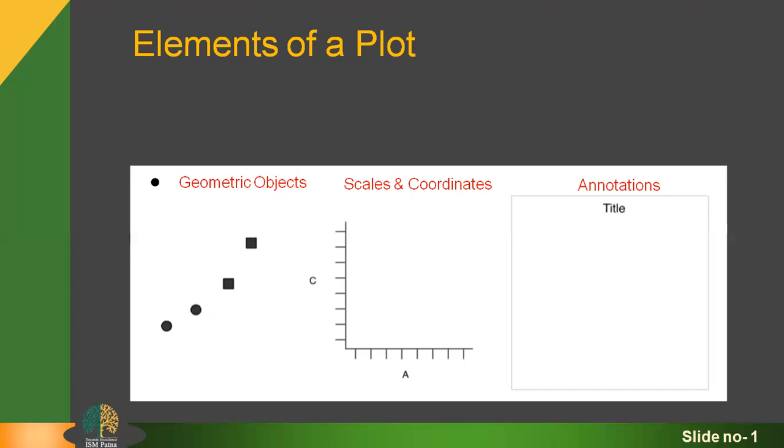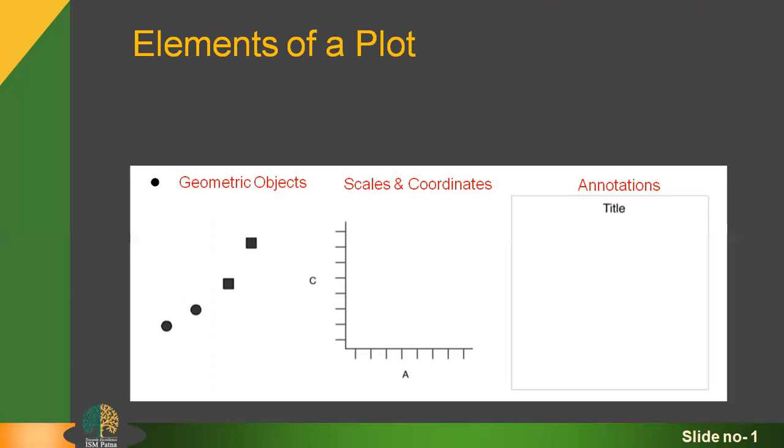So these geometrical objects are used for plotting the data on the X and Y axes of a graph, which helps to generate the visuals. Then annotation: every graph or every visualization must have a proper title. So once you are generating any visualization, you must be sure that you are giving a proper title.